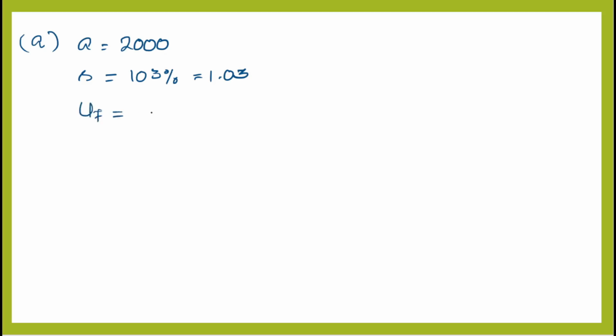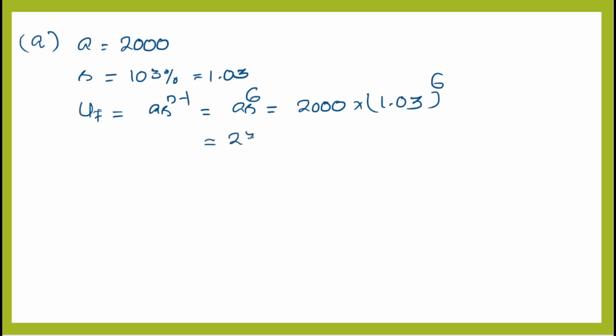Now use U7 as ar to the power n minus 1, that is ar to the power 7 minus 1, that is 6. 2000 times 1.03 whole to the power 6, that equals 2390 approximately.